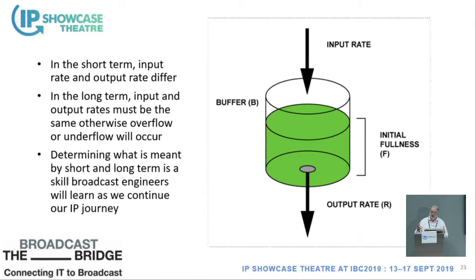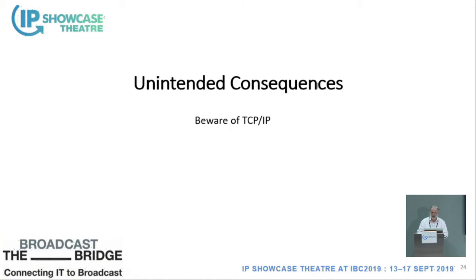So this is one of those areas where we have to test and play to try and work out what the optimal short-term jitter versus long-term buffer systems are. Because the bigger you make the buffer, the more you increase your latency. And the shorter you make your buffer, the more risk you run of underflow or overflow. So it's a big compromise.